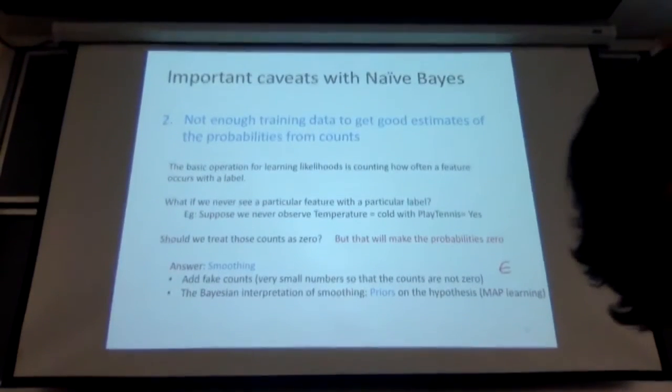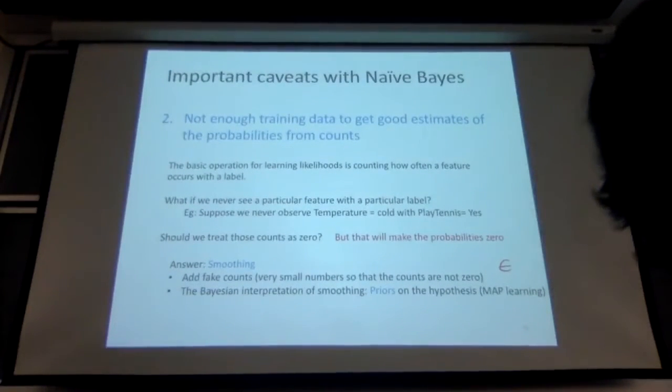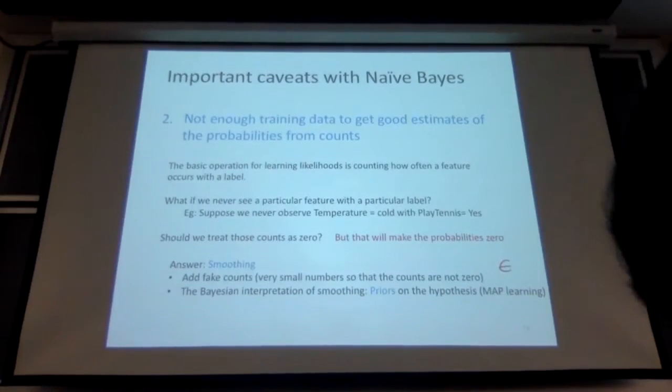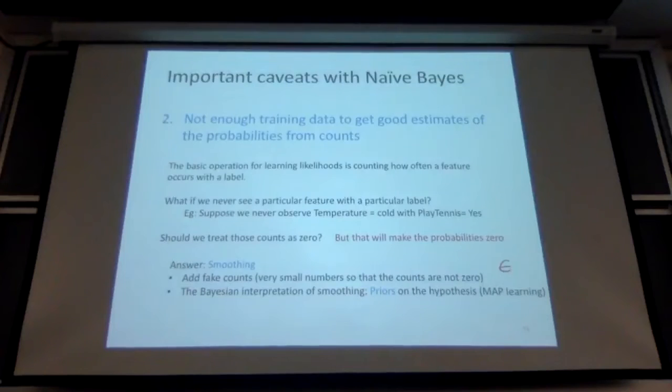This idea of adding small fake counts so that you don't encounter any zeros at all is called smoothing. Smoothing is an extremely important thing when we are learning Bayesian models. This is the simplest kind of smoothing. There's a whole line of work on smoothing with Bayesian models, and there are lots of explanations. It might seem like this idea of adding 1 while starting your counters is a hack.